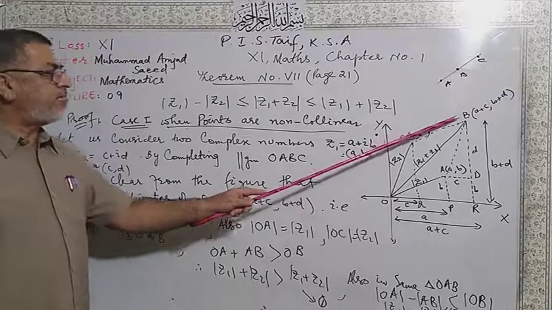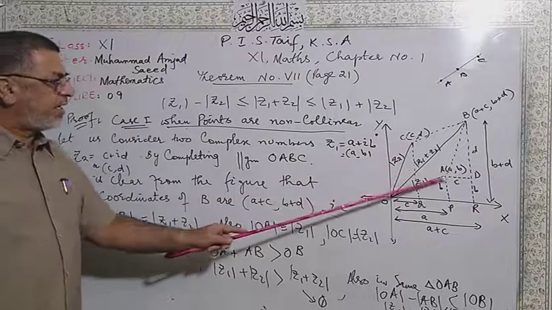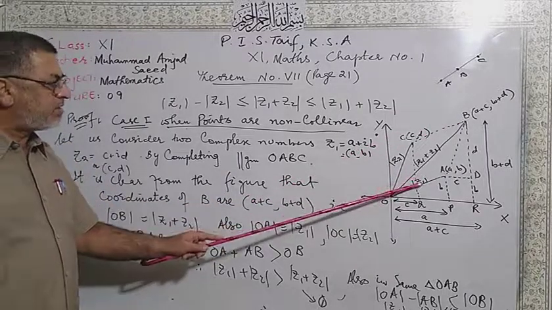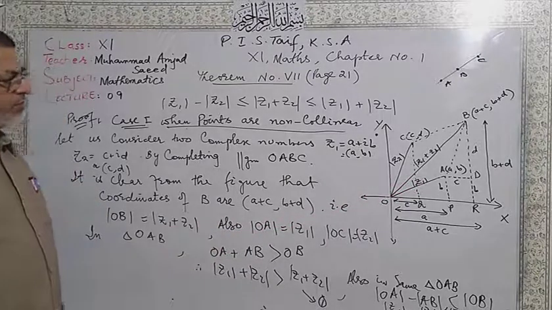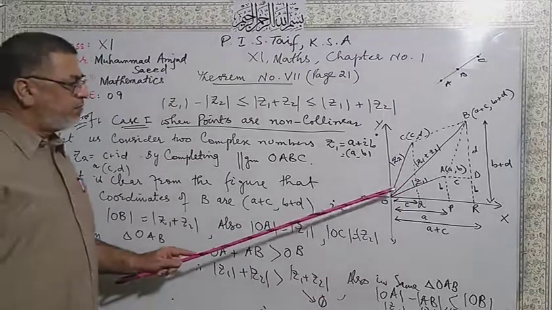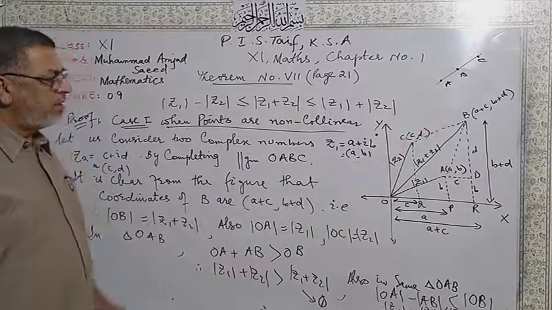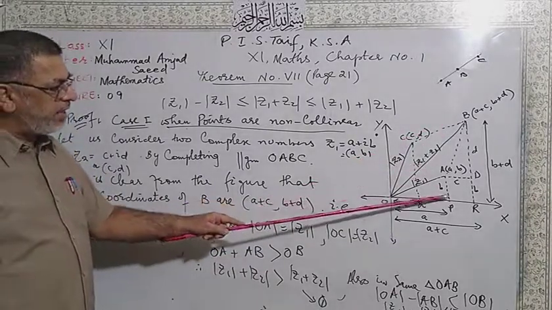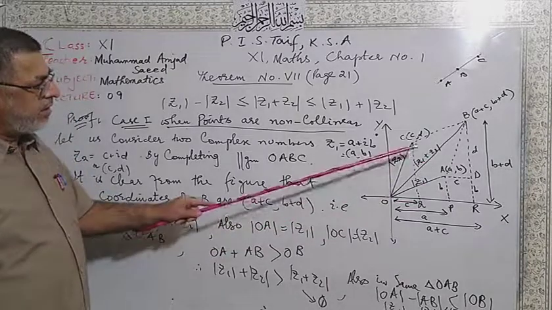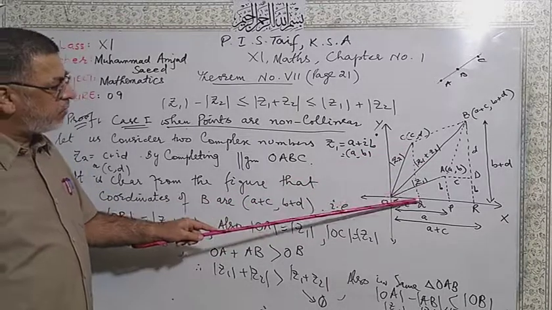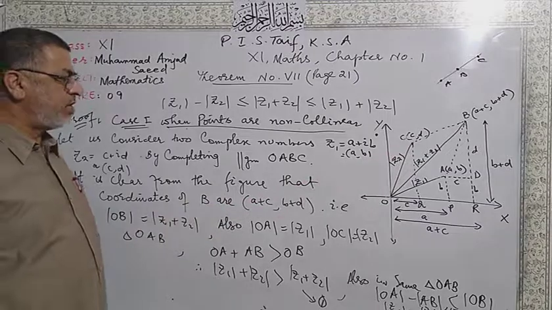Similarly, CB is congruent to OA and CB is also parallel to OA. Here we draw a diagonal OB. We draw AP on the x-axis and CQ on the x-axis also.